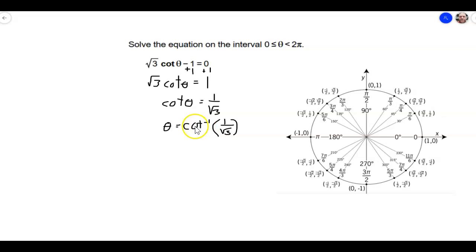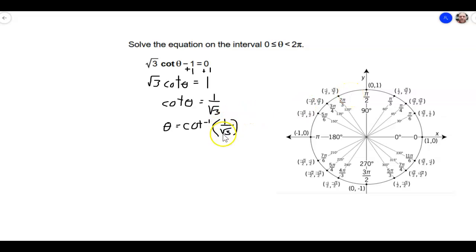And in order to find what angle this is, I first need to know the domain for the inverse cotangent function. That's going to be from 0 to pi. Remember, for the 6 trig functions, the inverse domains are either from 0 to pi or from negative pi over 2 to pi over 2, depending on which one it is. For inverse cotangent, that one is from 0 to pi.